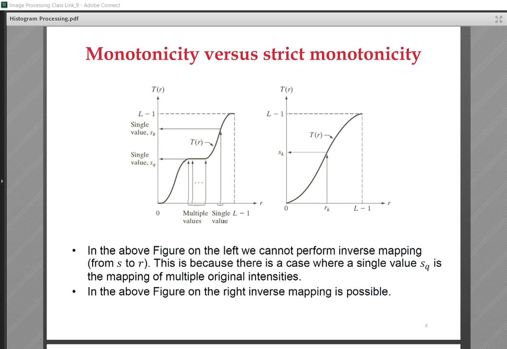That's it. T(r) should be monotonically increasing in the full range of intensities, or strictly increasing.